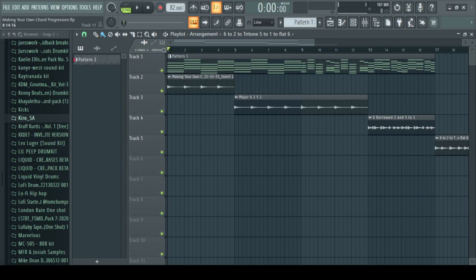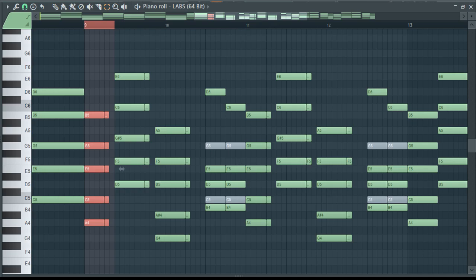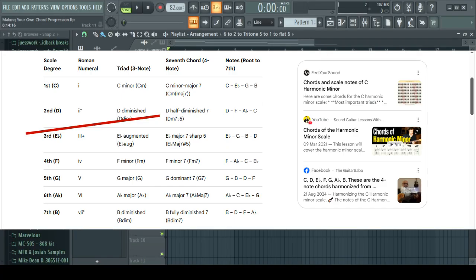I am sure you heard how changing just one chord can change the whole chord progression. To spice things up even more, I changed the 6th chord back to the minor 6th chord, but now I borrowed the 2 chord from the scale of C minor harmonic, which makes it a half diminished.